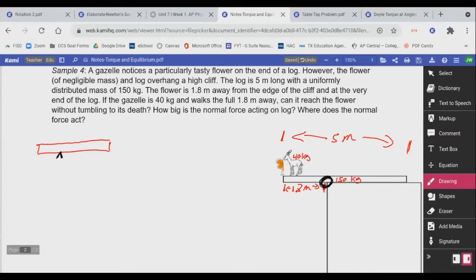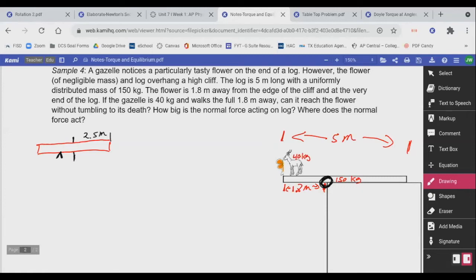Now, the log itself has the mass of 150, and that mass, the force of gravity, occurs at the center. So if this log is 5 meters long, at 2.5 meters, which would be about right here, from here to here is 2.5 meters.